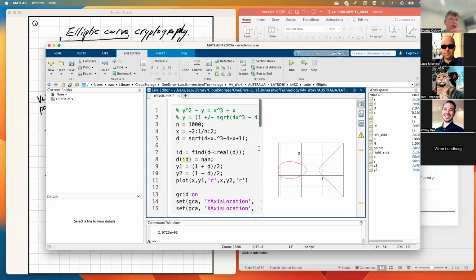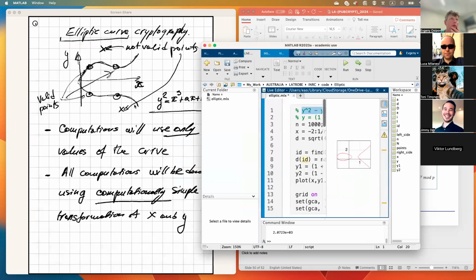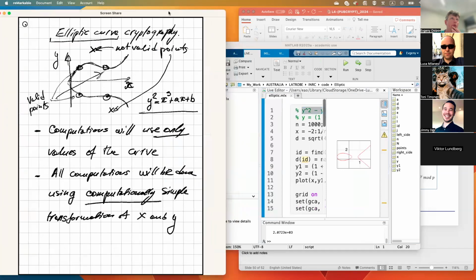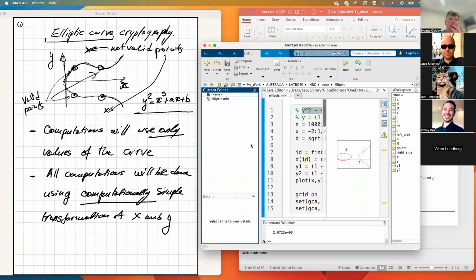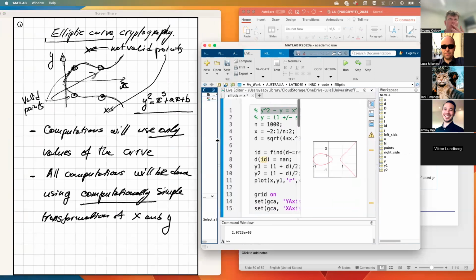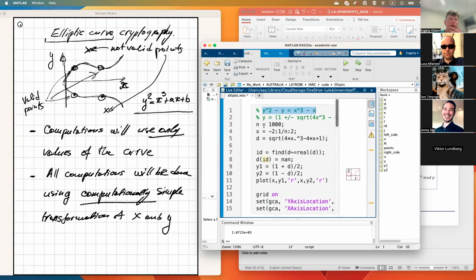So what is shown here is, for example, another elliptic curve. So compare it to what we've seen here. So we added, let me just, so you see it has a slightly different form.